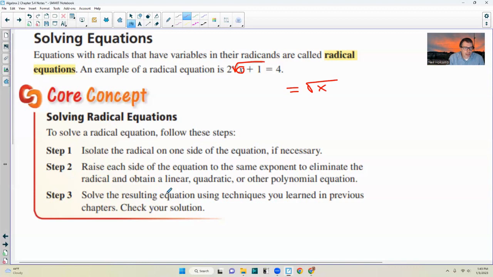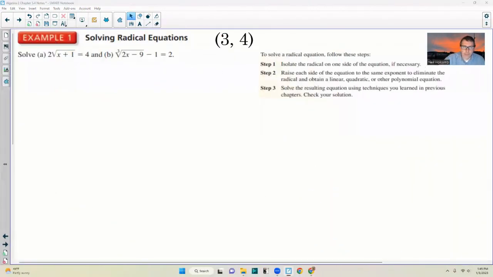And then step 3, solve the resulting equation using techniques you learned in previous chapters. And then you finally check your solutions. Okay, so let's take a look at this. I am going to move on to the next example, but it's going to come back to these 3 steps. I'll probably bring this over to every example so we follow these 3 steps.